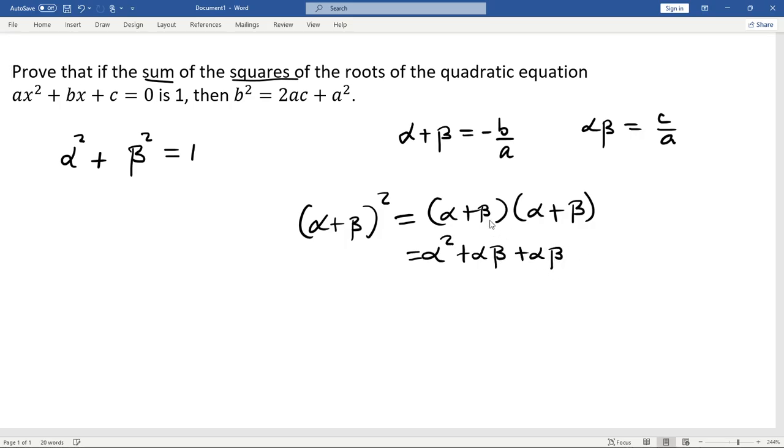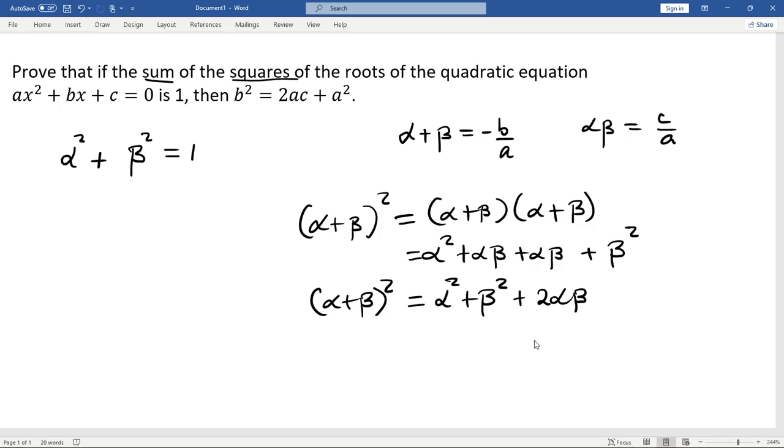Then beta times beta, we get beta squared. So then we're going to have that alpha plus beta squared is equal to alpha squared plus beta squared. Then these two are like terms, so I can simply add them and they'll give us 2 alpha beta.